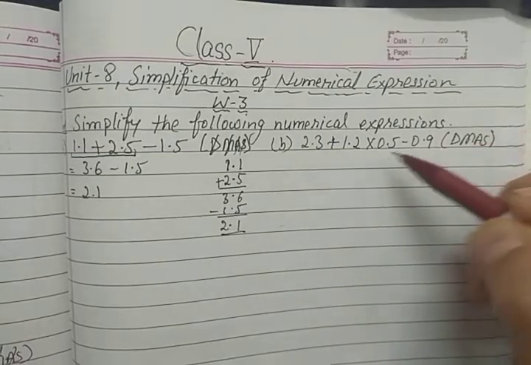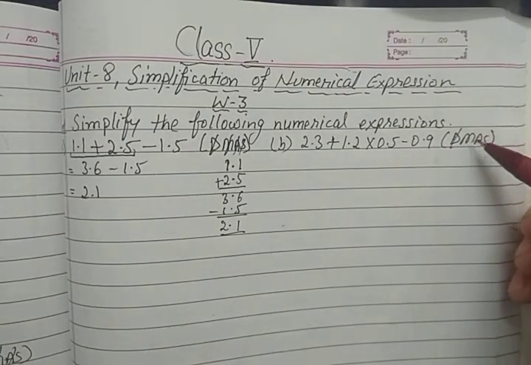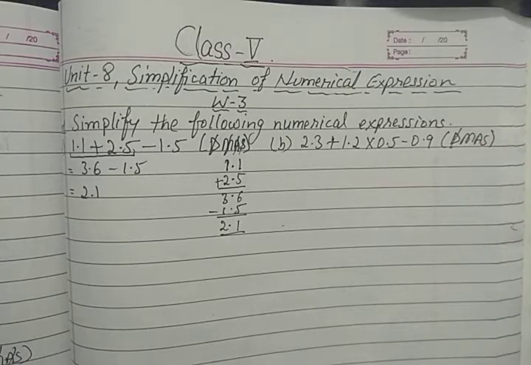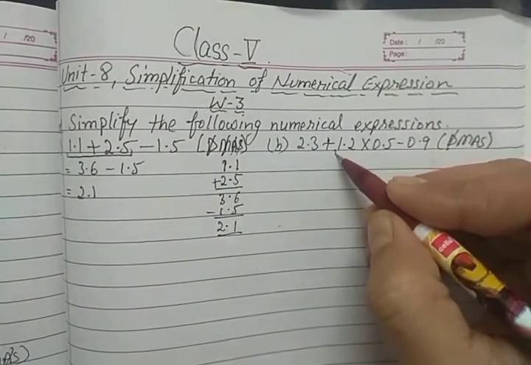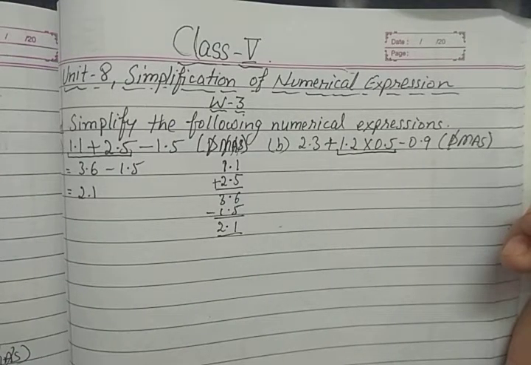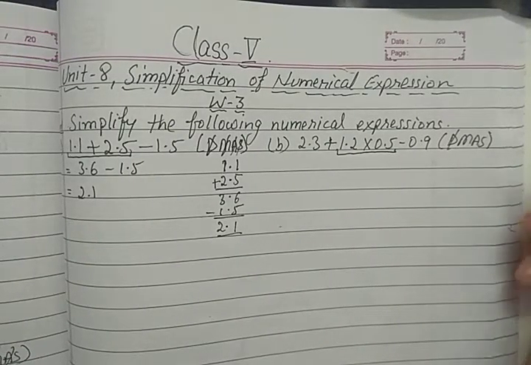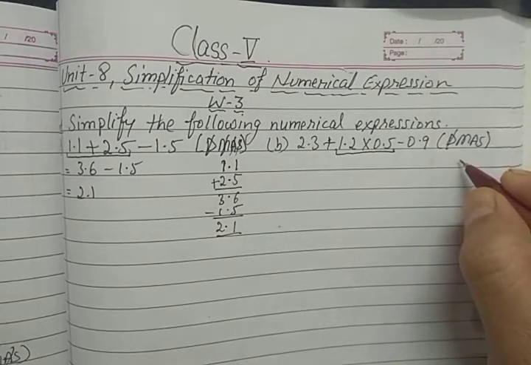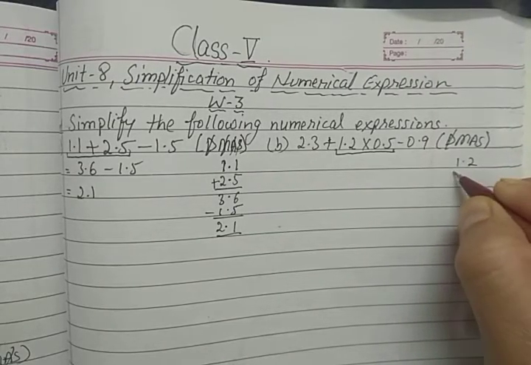There is no division in the question, so move to the next step, that is multiplication. Here we have multiplication, 1.2 multiplied by 0.5. You know how to multiply decimal numbers.